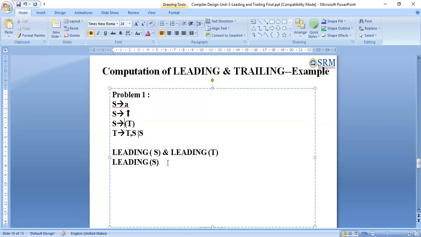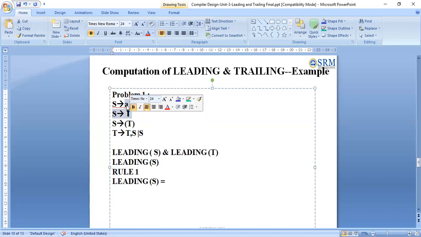Now, as per rule 1, I apply rule 1. So leading of S is equal to, here the first thing is we have to consider the first terminal symbol of each production.